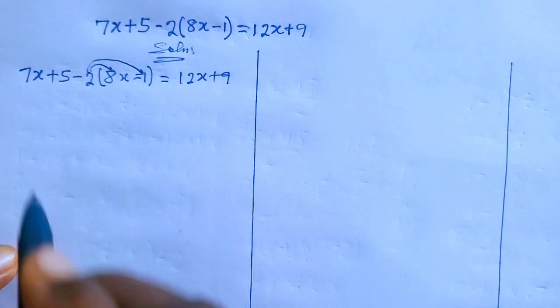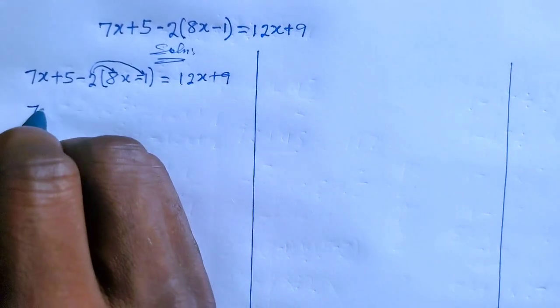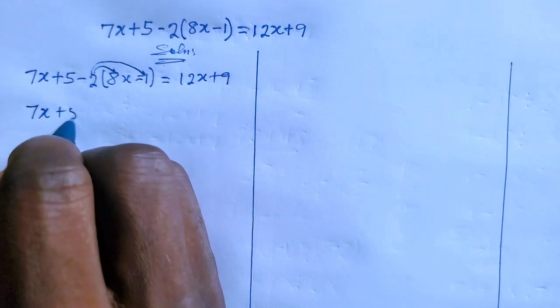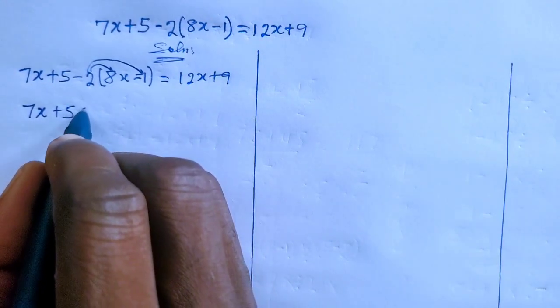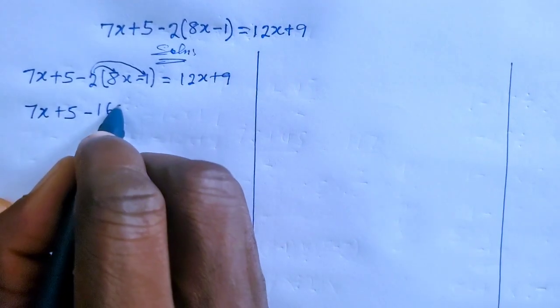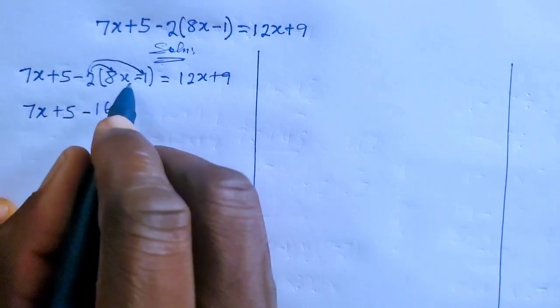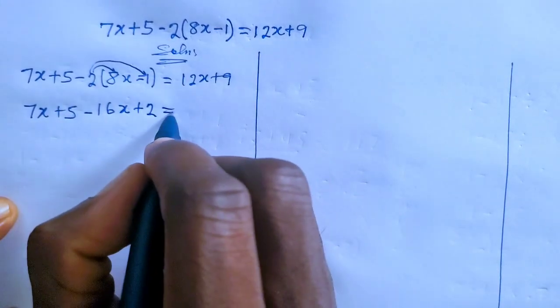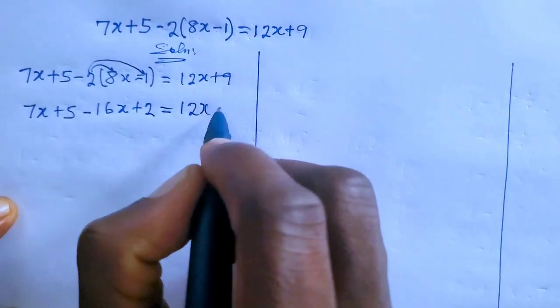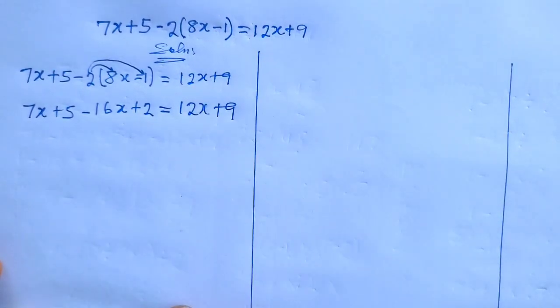Now, the equation becomes 7x + 5 minus 2 times 8x, that will give us minus 16x. Then minus 2 times minus 1, that will give us plus 2, equals 12x + 9.